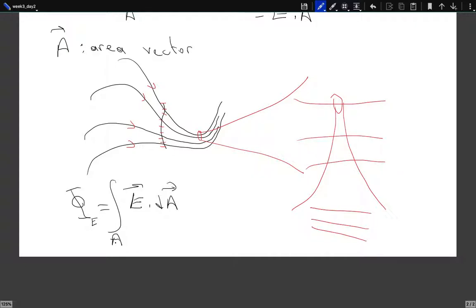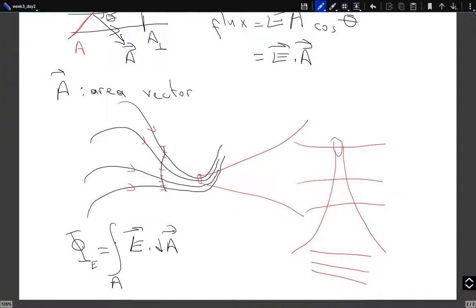I'm not assuming it to be a constant. How do I calculate that? I take this very small area. Since that area is very small, over that area E is constant. Since it's very small, in that area it doesn't change. I multiply it with the area vector over there. Then I go to the next segment.